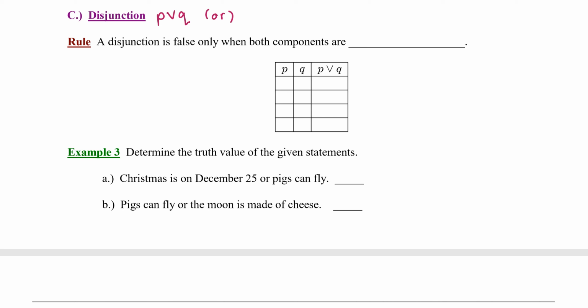Here's the rule for the disjunction. A disjunction is false only when both components are false. Now, what I'm attempting to do with these rules is simply summarize the entire truth table that we're about to build here into one sentence that you can easily remember.